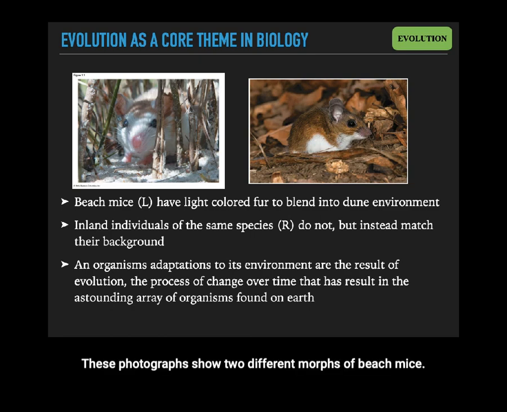These photographs show two different morphs of beach mice. They are members of the same species, but they look quite different depending on where they are found. The light-colored morph, shown in the photo on the left, is found on a beach habitat, and the darker colored morph is found on the right and found further inland where soil is darker and less sandy.